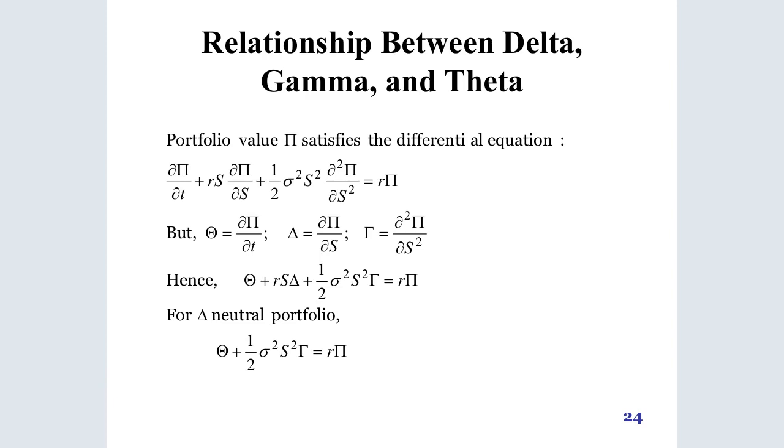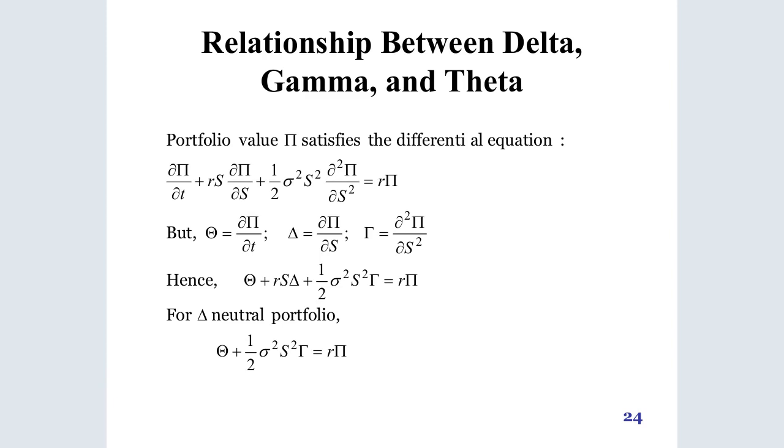So there is a relationship between theta, gamma, and delta. Theta is the change with respect to time. Delta is with respect to change in spot. Gamma is the second derivative with respect to spot. And S is the spot price.